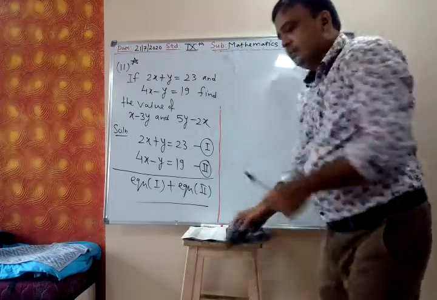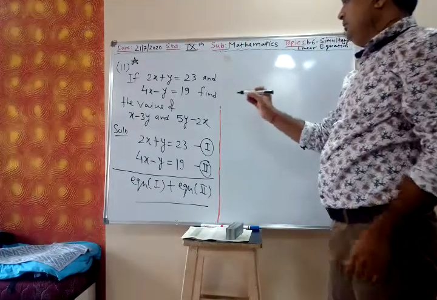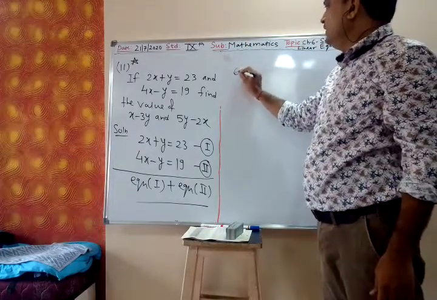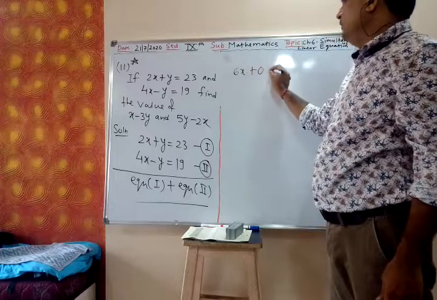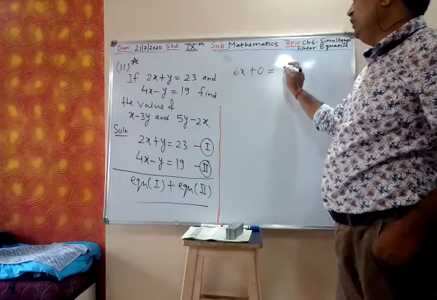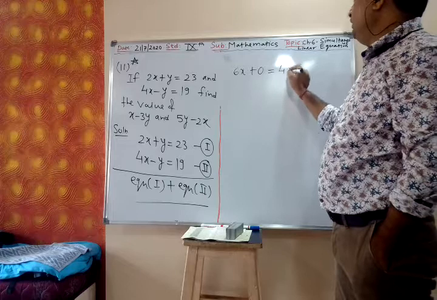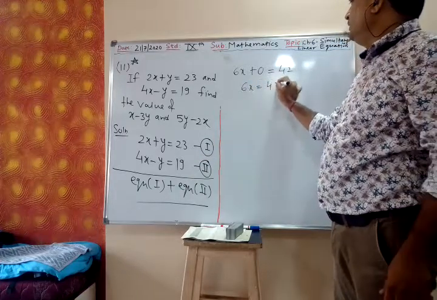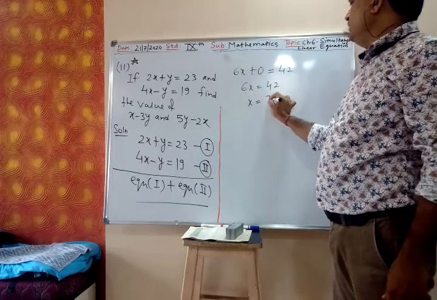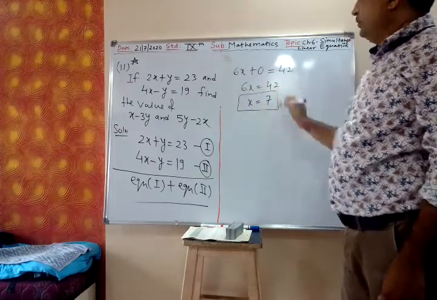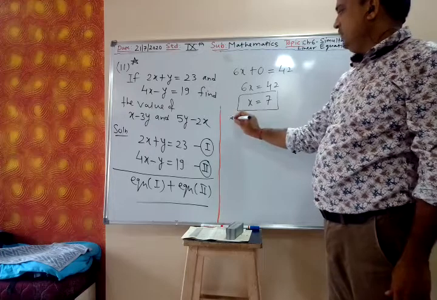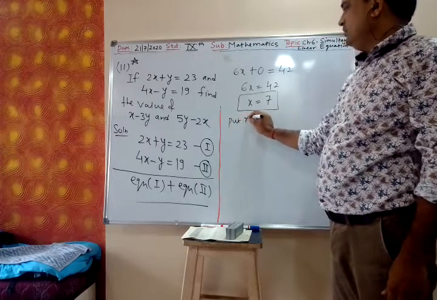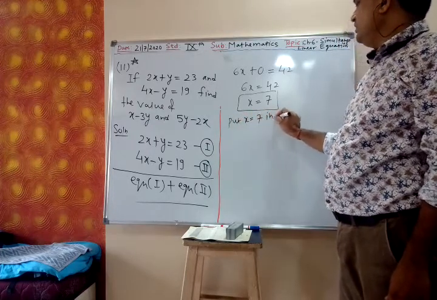So we add 4 plus 2, 6x. 6x plus 0 is equal to 42. 23 plus 19 is 42. So 6x is equal to 42. So x is equal to 7. Put the value of x in equation 1. Put x is equal to 7 in equation 1.